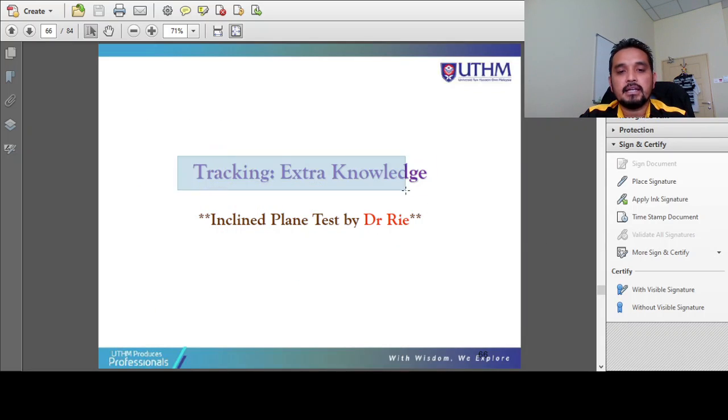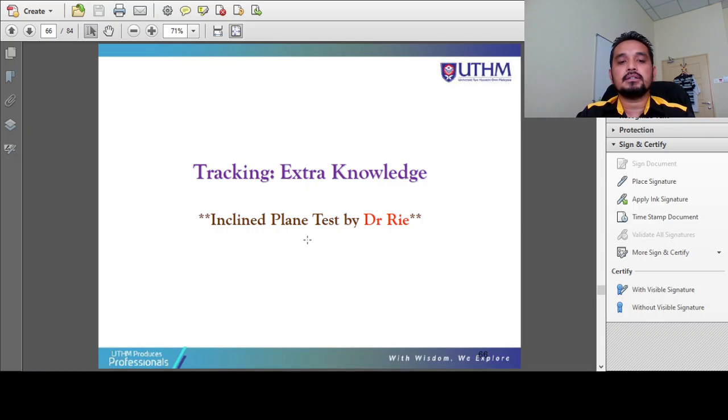Okay, tracking and erosion, inclined plane. Actually this is additional knowledge for you to read through. As mentioned, extra knowledge. Dr. Ree has conducted an inclined plane experiment to study tracking for his PhD.